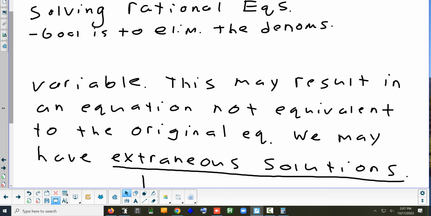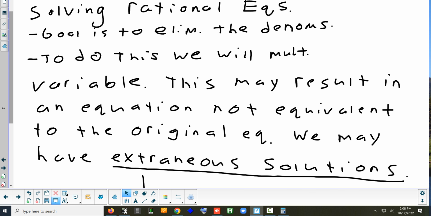So to do that, we will multiply both sides by a variable.